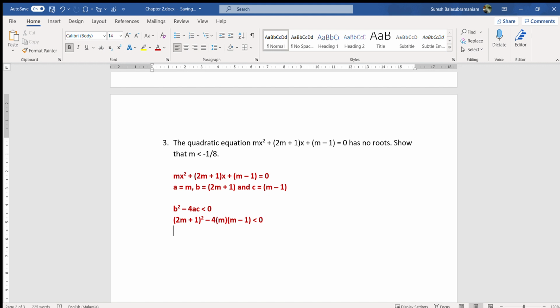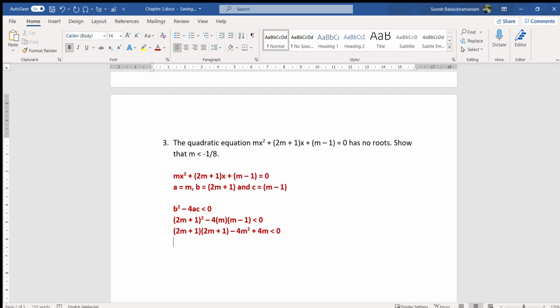Okay, so this is a quadratic expression. We have to expand it, so it becomes (2m plus 1)(2m plus 1) minus 4m square, and then minus 4m times negative 1, you get plus 4m, less than 0.